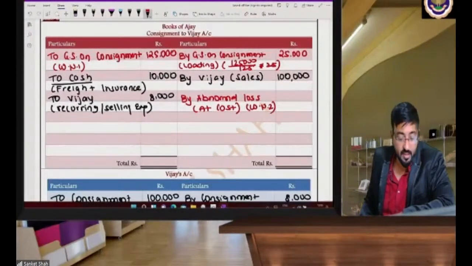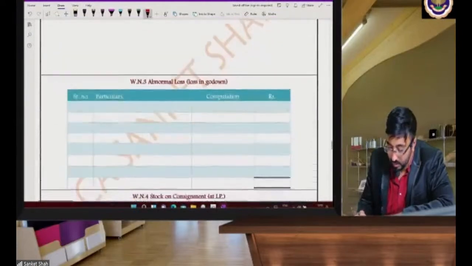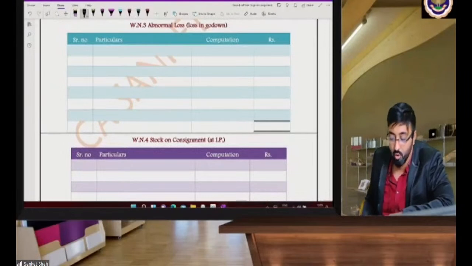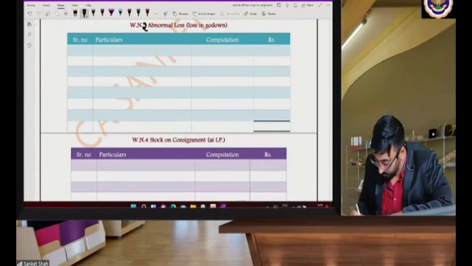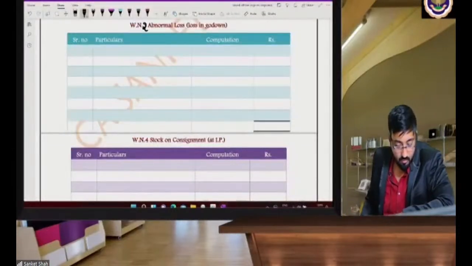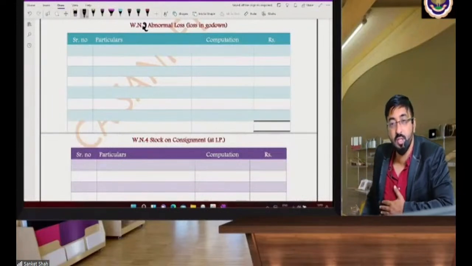What is the presentation format? Serial number, particulars, computation, rupees. Working note 2: abnormal loss, loss in godown, Delhi godown. Maximum time for this question is 15 minutes in exam.